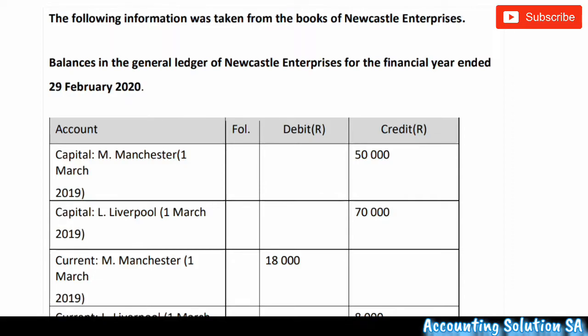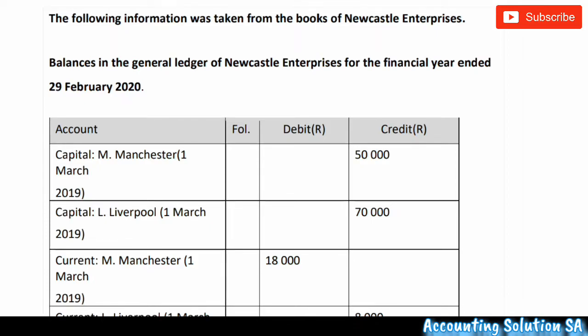As they identify that our year is ending 29 February 2020, it simply means that our financial year starts on 1 March every year. So the period that we are doing is from 1 March 2019 until 29 February 2020.